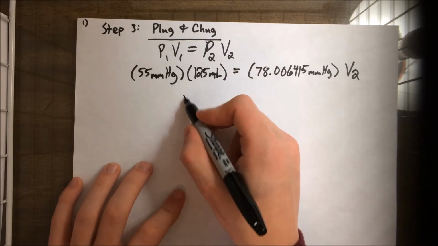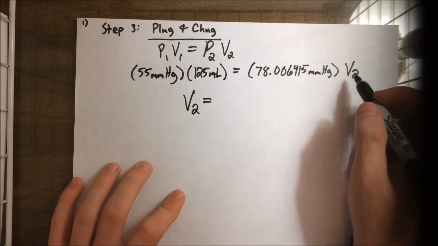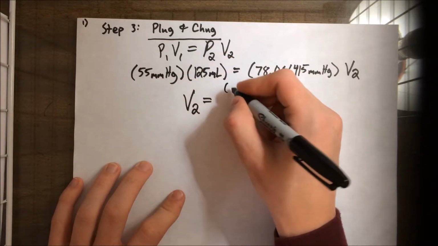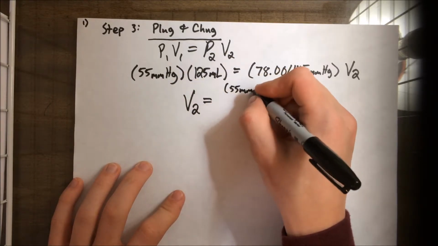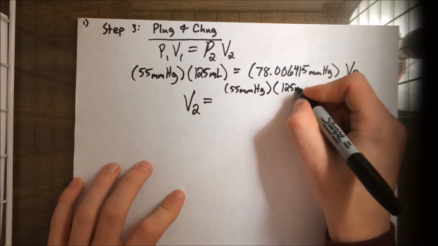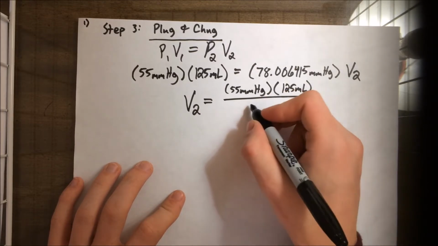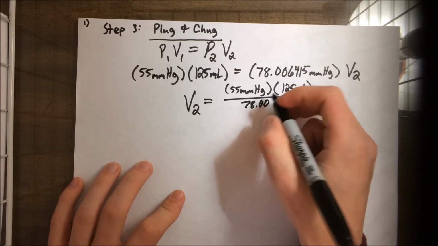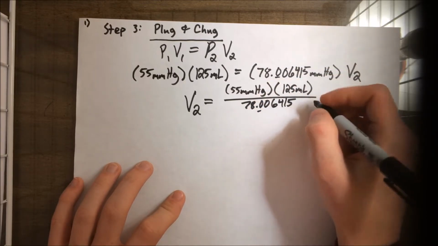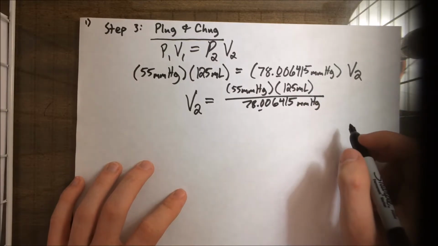So then we can reorder this to isolate the final volume. So final volume is equal to the initial pressure, so 55 millimeters of mercury, times 125 milliliters, the initial volume, divided by 78.006415 millimeters of mercury, the final pressure.